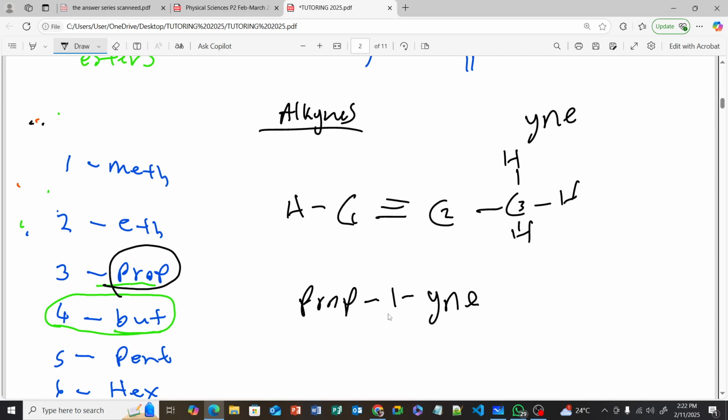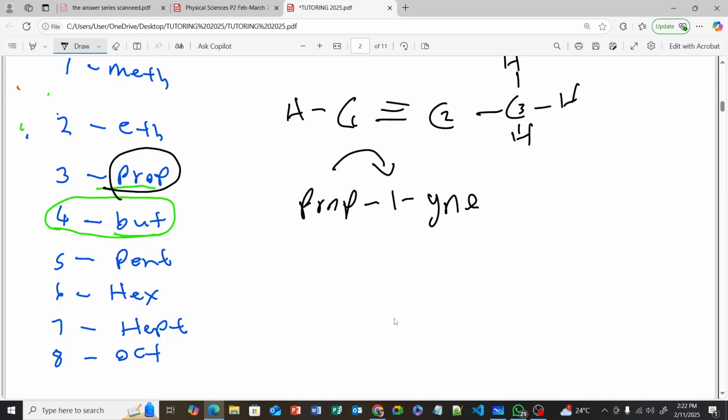Similarly, if you increase the chain and move it to position number 2, you are going to change this into 2. And bear in mind, you are not obliged to number from the left. So we can have a molecule like this: 1, 2, 3, 4, and 5.